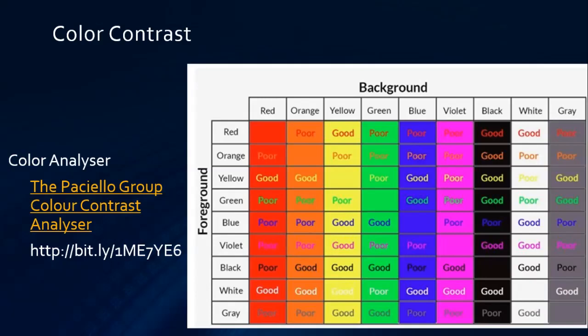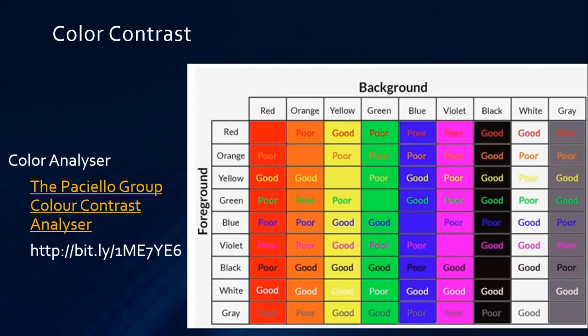So I'm providing here the color contrast analyzer option through the Paciello Group. If you go to that website, there's a short link there that you can copy down and type into your browser. This is a downloadable option that you can keep on your computer, and it tells you the pass or fail rating and the ratio breakdown.